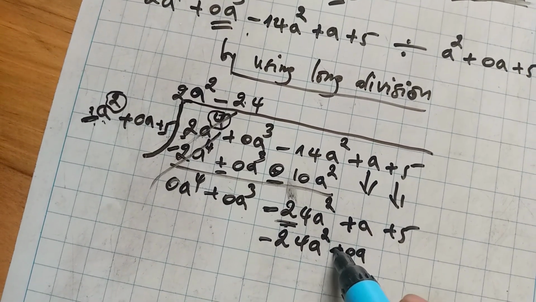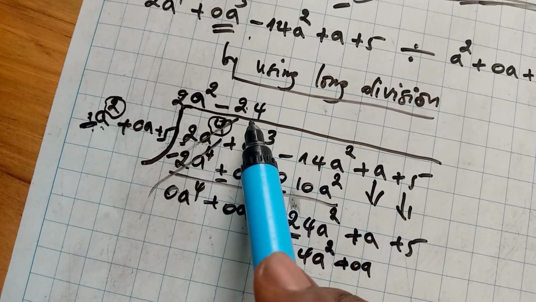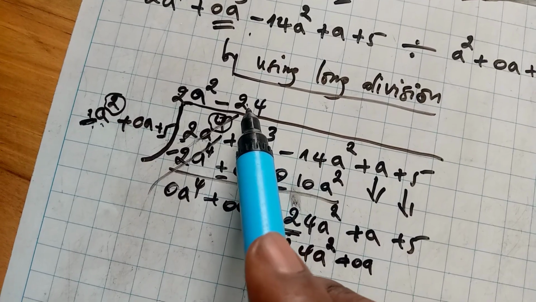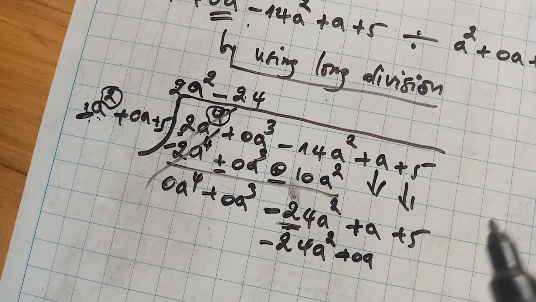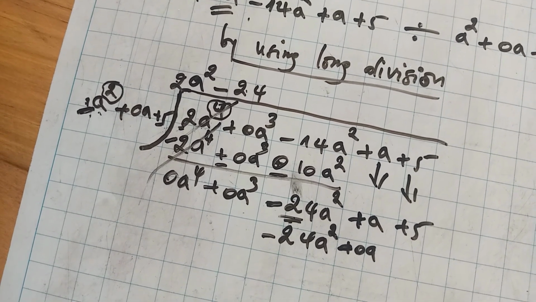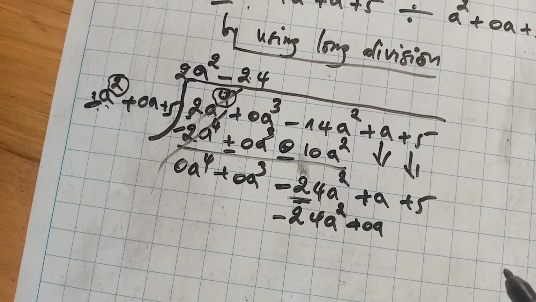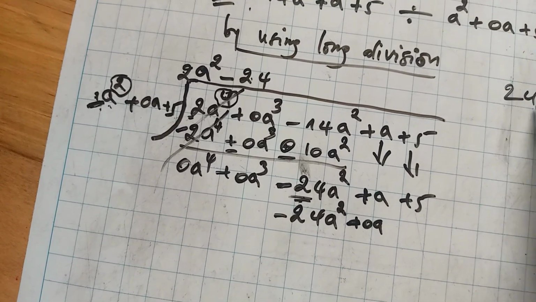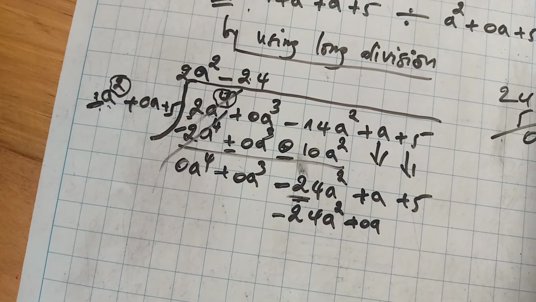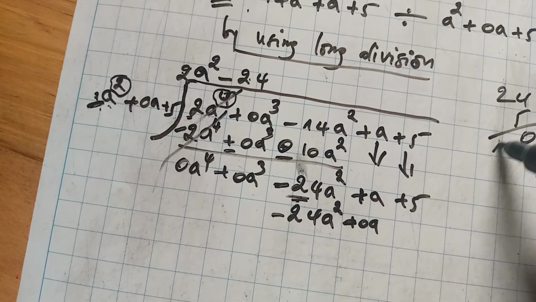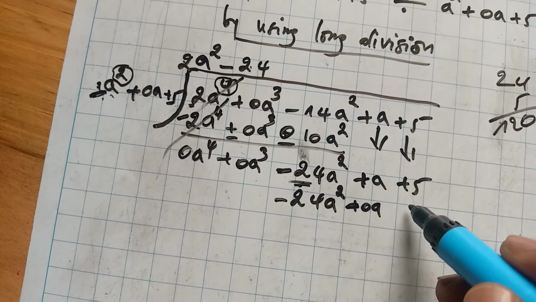Or this is negative, of course. Then we have negative 24 times plus 5. When you have 24 times 5, here you have 20, this is 0, then you keep 2, then you have 10, then this is 120. So we have minus 120.